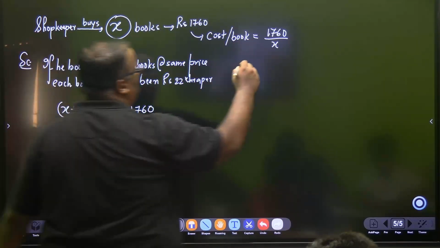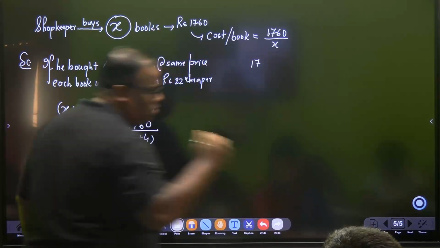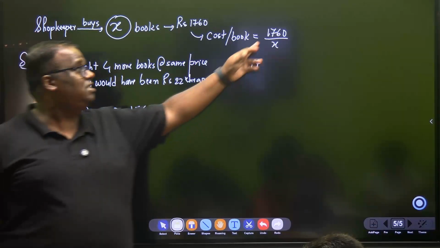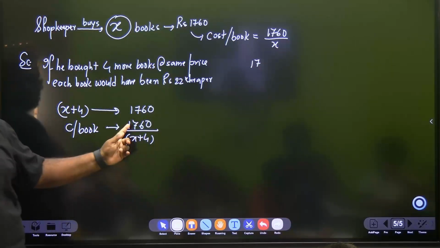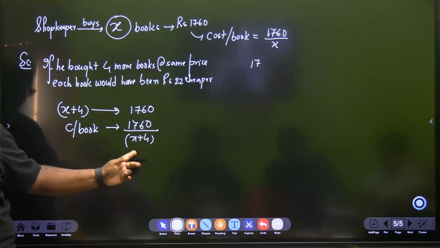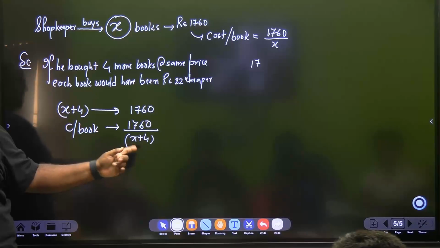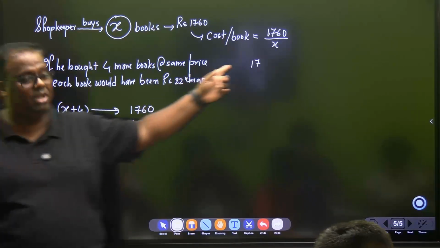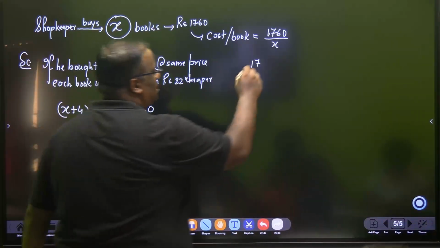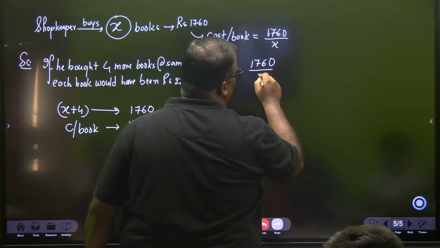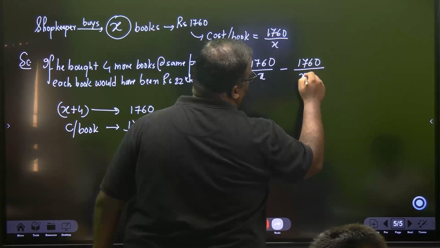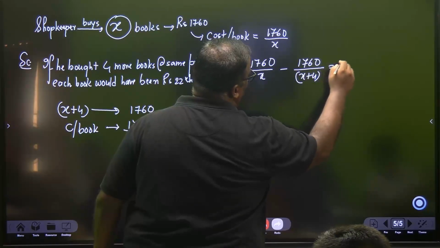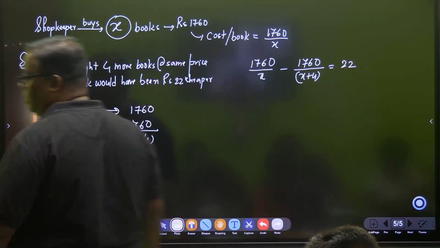Or think like this: 1760 mangoes eaten by X children, 1760 mangoes eaten by X plus 4 children. Where will the quotient be lesser? Here the quotient will be lesser. This is a bigger number. So 1760 divided by X minus 1760 divided by X plus 4 should be equal to how much, beta? 22. Solve it.